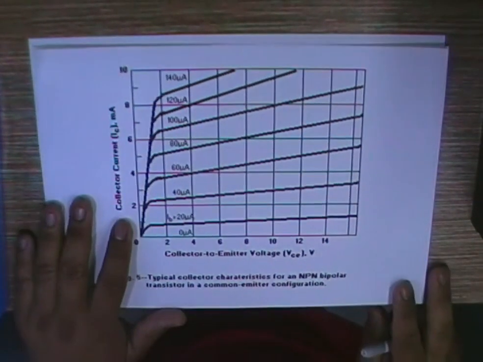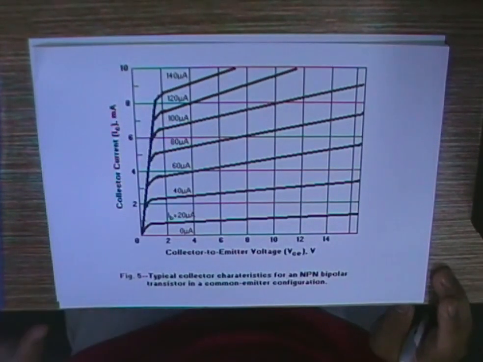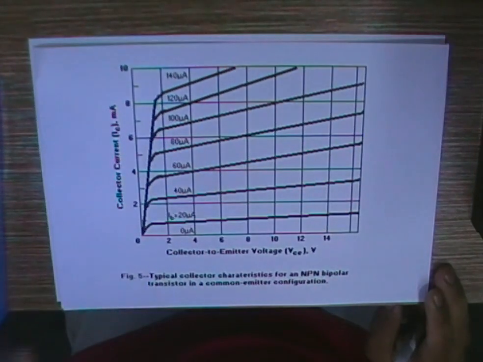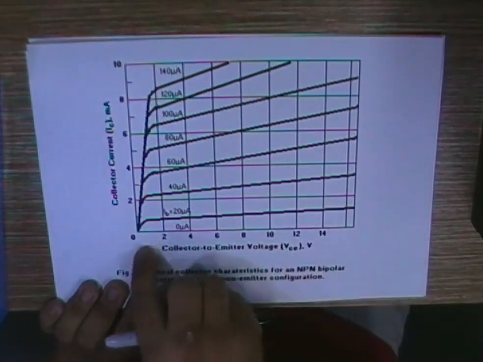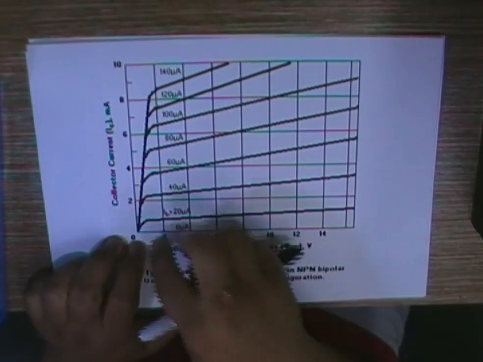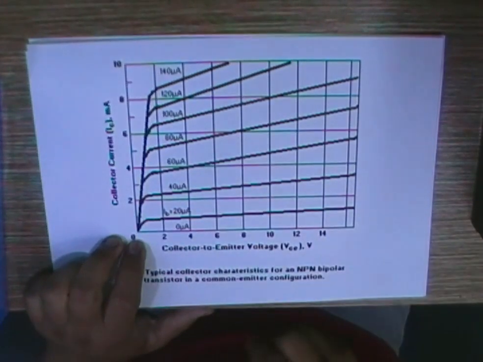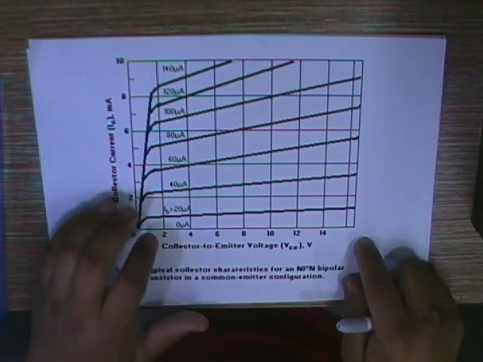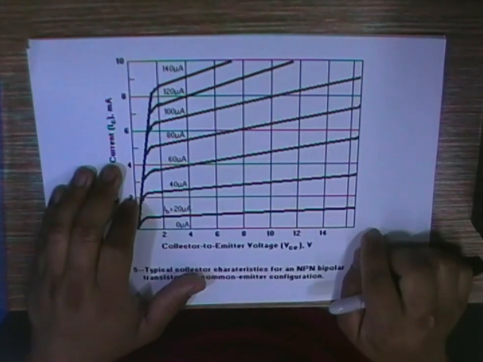So before we start designing the amplifier, you need to understand what this characteristic curve is all about. This is the IC and this is the VCE. This is the cutoff region and this is the saturation region. The slope for this, as I've shown you in the lab manual, will tell you the gain of the amplifier.